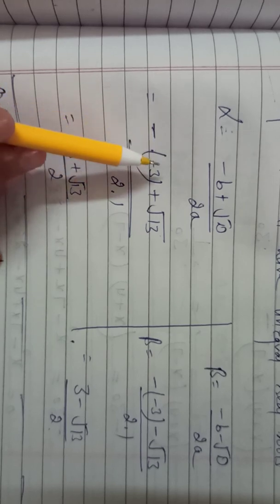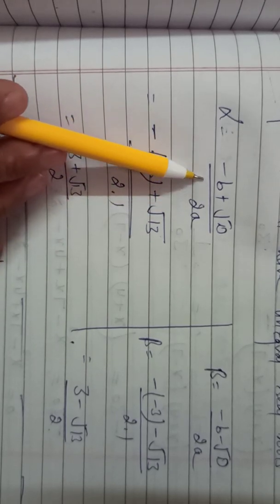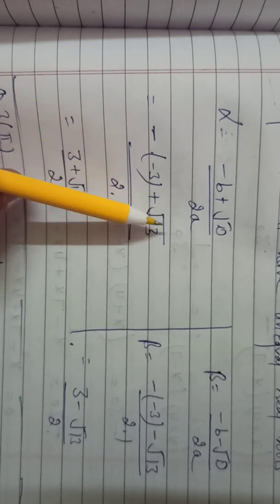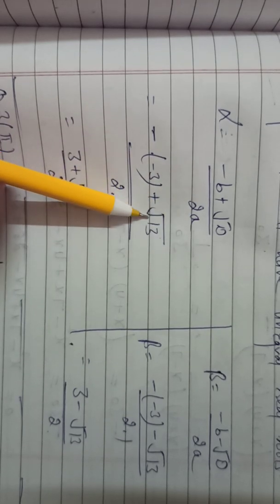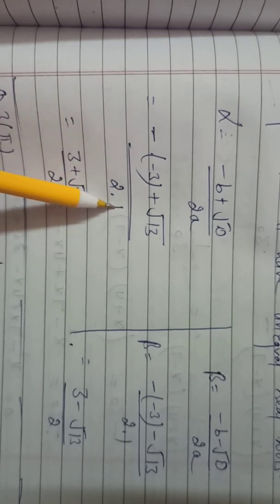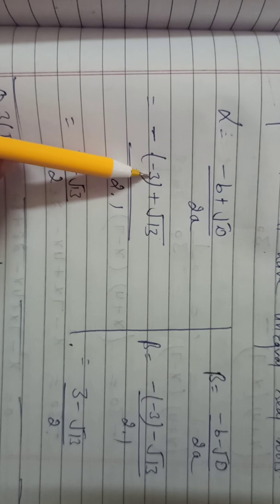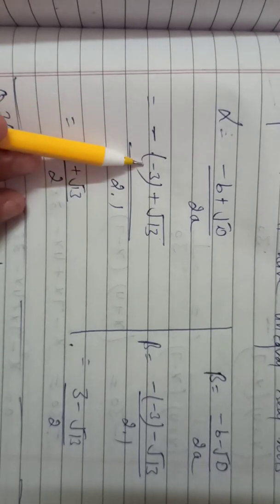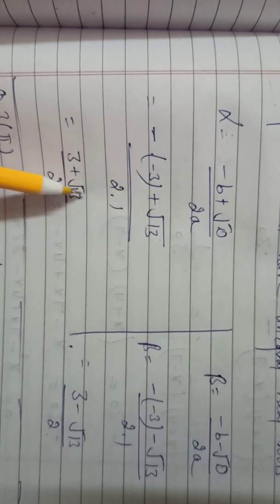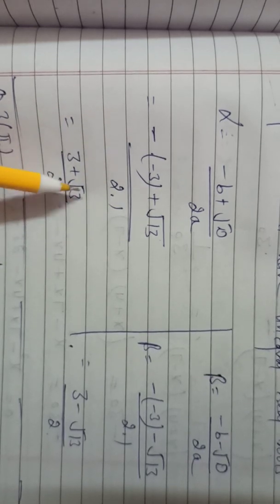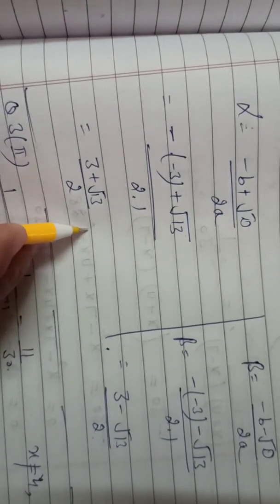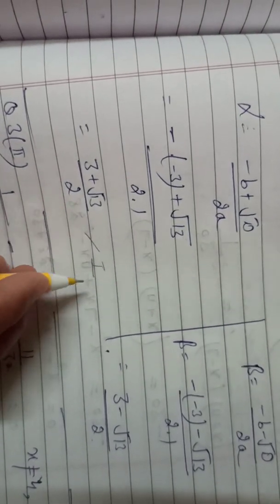Minus b was, what was the value of b? Minus 3, plus root D, what we have taken out? 13, upon 2 into a is 1. Minus minus plus 3 plus root 13 upon 2. So this is your first root.